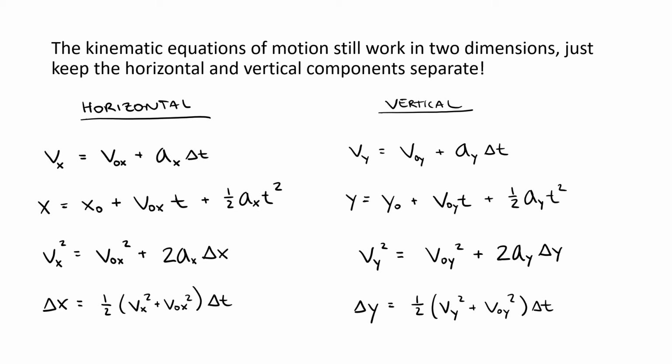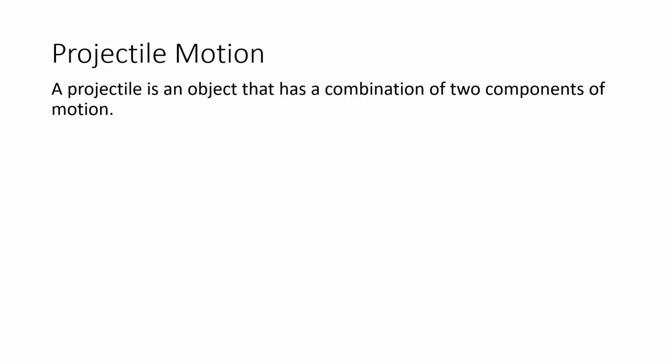I have a few examples that I can show that'll maybe make this a bit clearer. When we get into projectile motion, we'll see that as things are moving through the air, as I throw a football or a baseball, or even if I just roll something off of a table, it will exhibit some projectile motion.